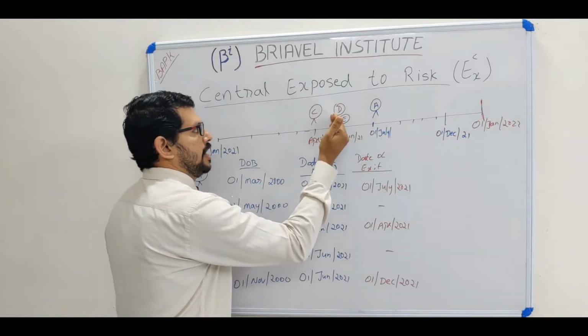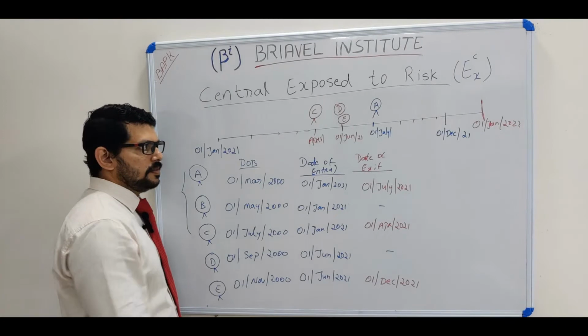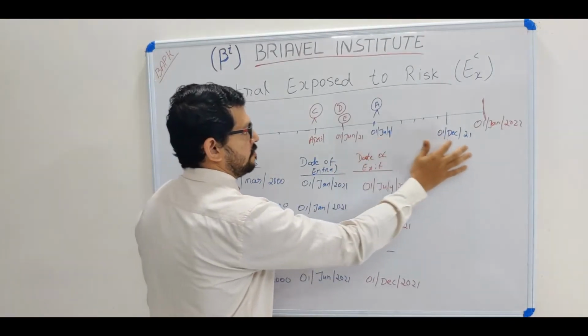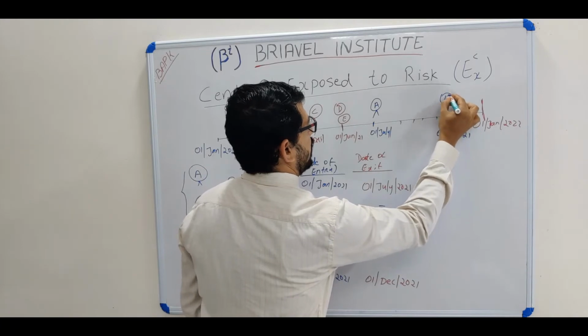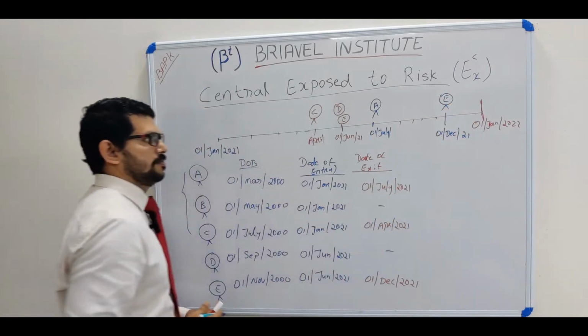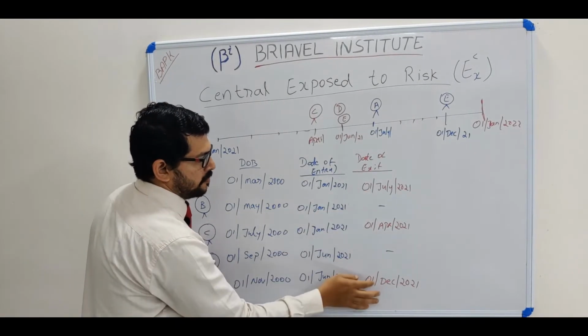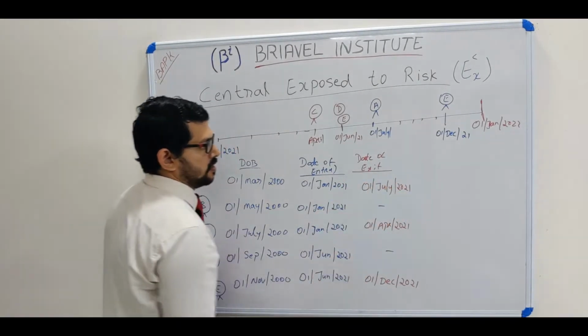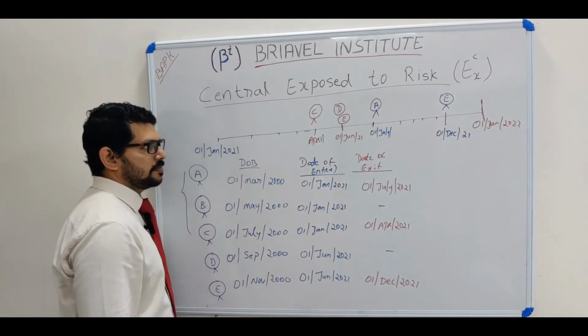The number of people can be added or withdrawn from the observation. This fellow died, this fellow also died. This is fellow E. E died at that time. So these two people came out of the observation because of death. This fellow left for some other reason.